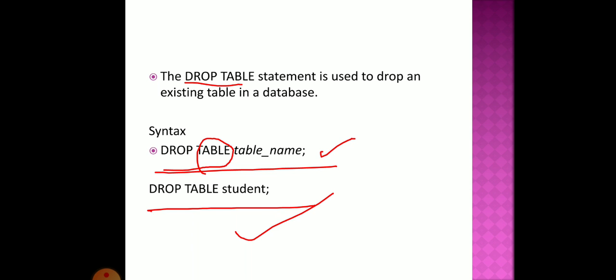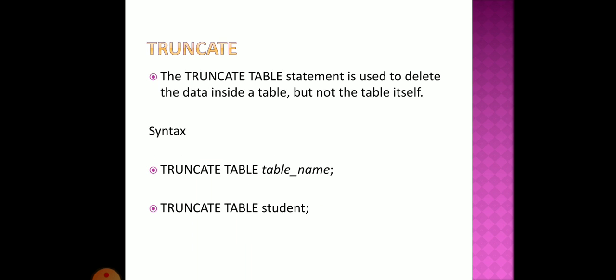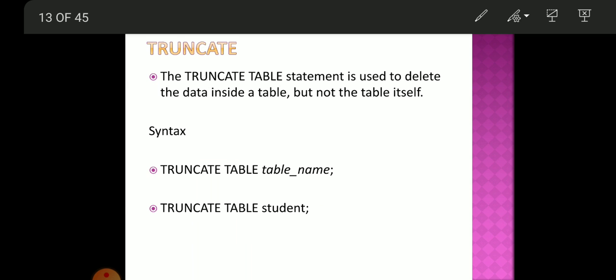Now the next command is truncate. Now see, the truncate command is also from DDL category, data definition category, but this command is a little bit different from drop command. How? See, truncate table statement is used to delete the data inside a table, but not the table itself.